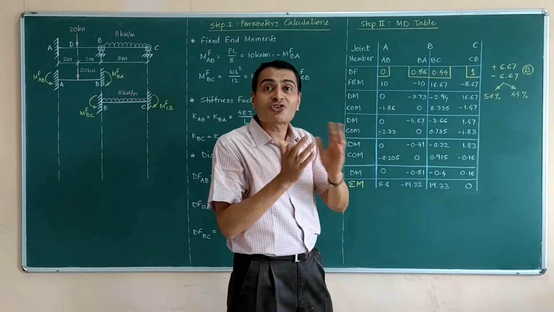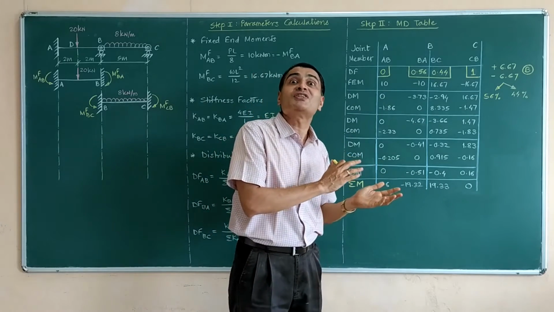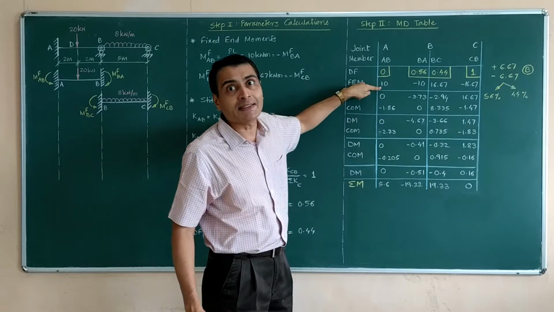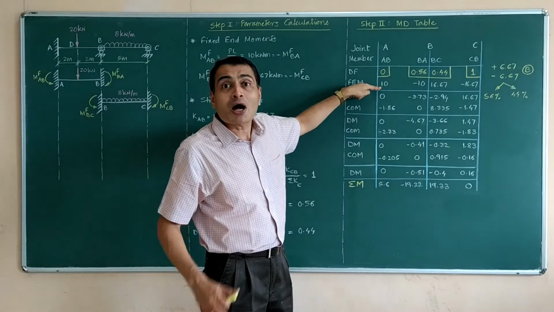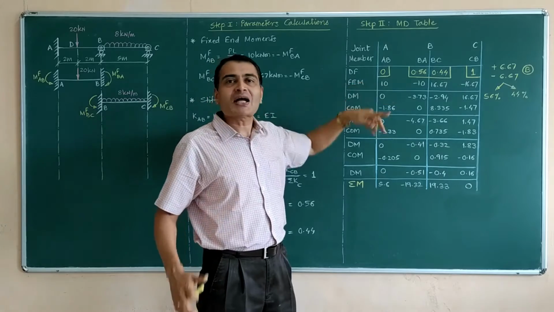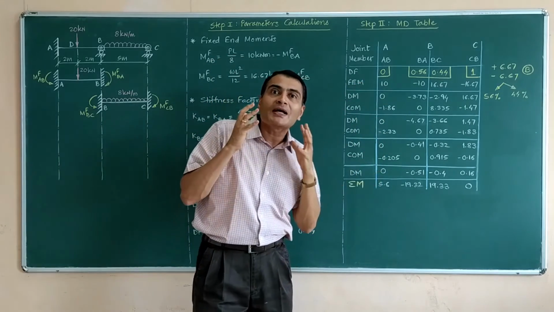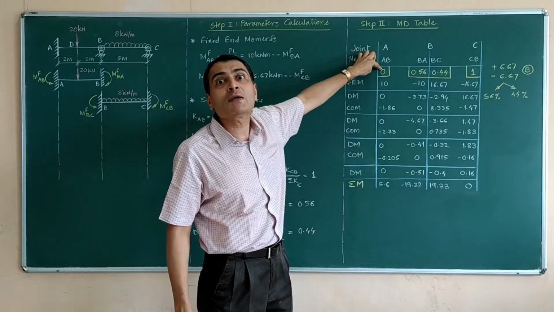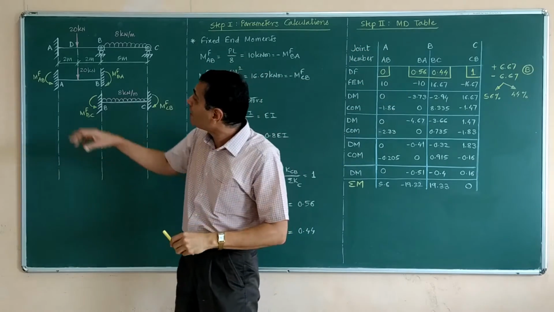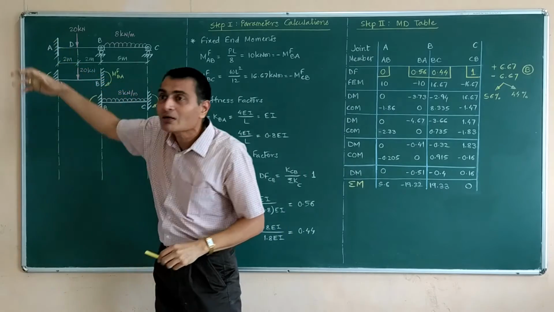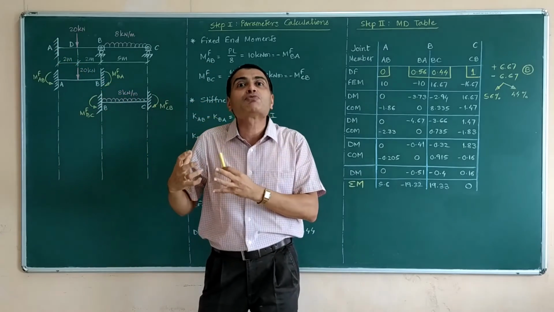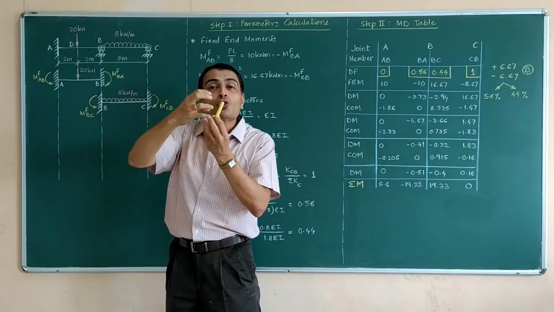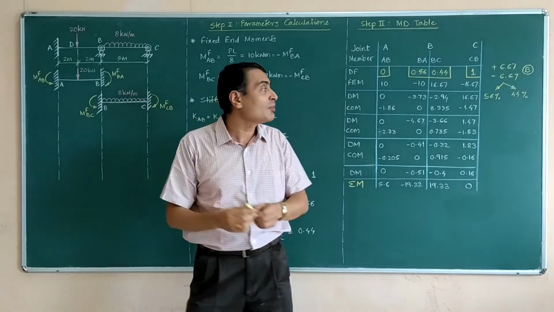Similar thing, but in the opposite sense, is happening at joint A. At joint A I have 10. So I apply negative 10 because I want to have a balance. Now what is happening? Distribution factor for AB is 0, meaning when I try to apply clockwise 10 here, the wall entirely absorbs it, leaving no moment for distribution to the connected member AB.